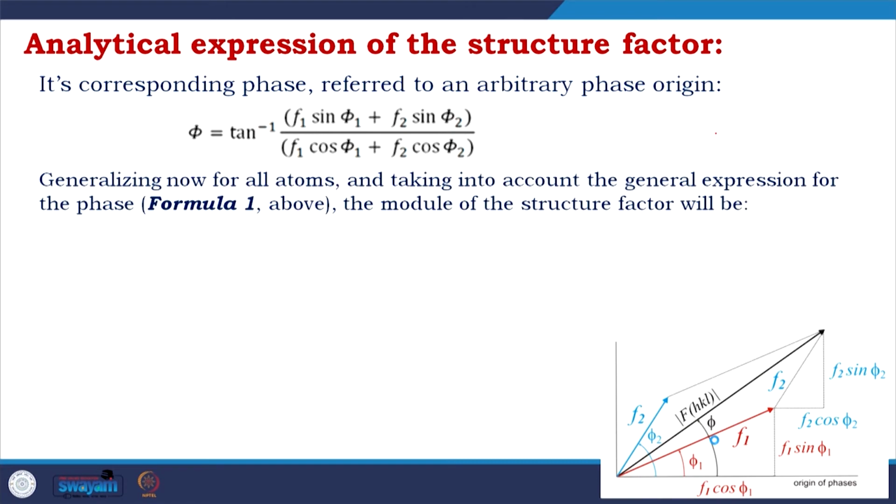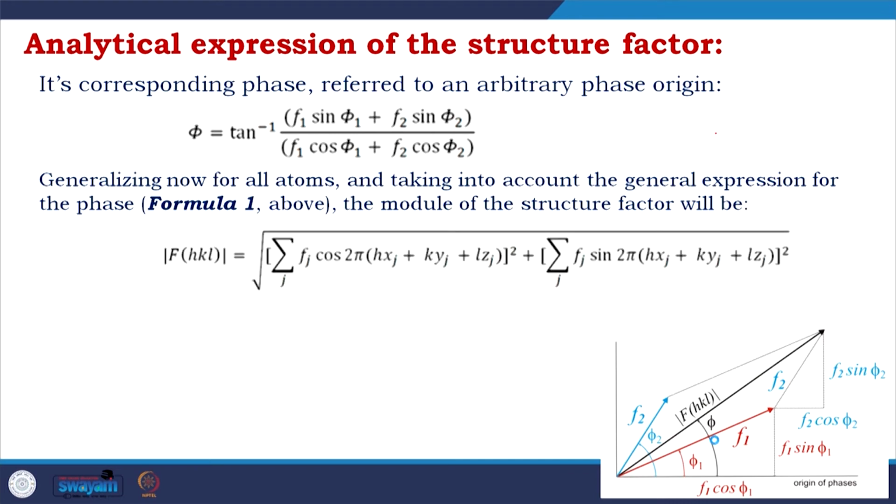Now, generalizing for all atoms and taking into account the general expression for the phase from the formula 1, the module of the structure factor will be FHKL equal to square root of (summation over j of Fj cos 2 pi (h xj plus k yj plus l zj)) squared plus (summation over j atoms of Fj sin 2 pi (h xj plus k yj plus l zj)) squared.